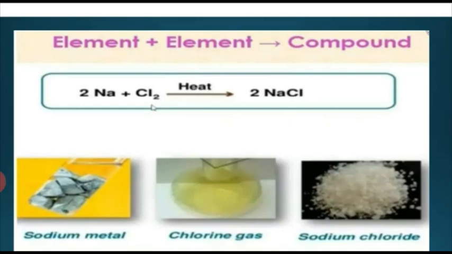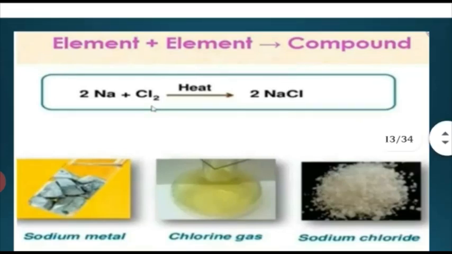I gave you the example. Sodium, a silvery white metal, combines with chlorine gas, a pale yellow green gas, to form sodium chloride. You can see this equation, 2Na plus Cl2, which gives 2NaCl.